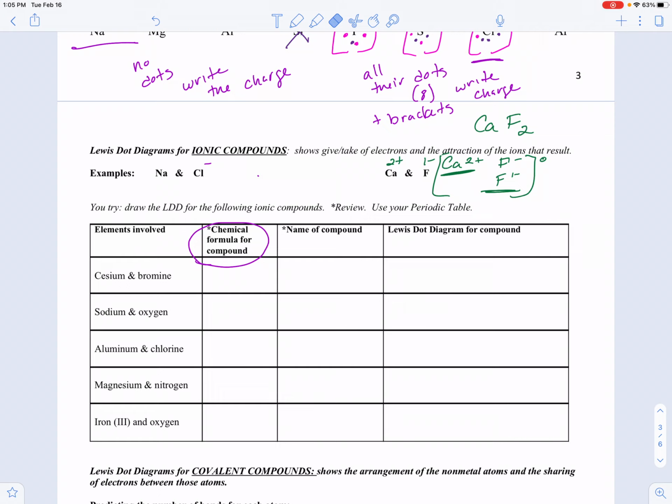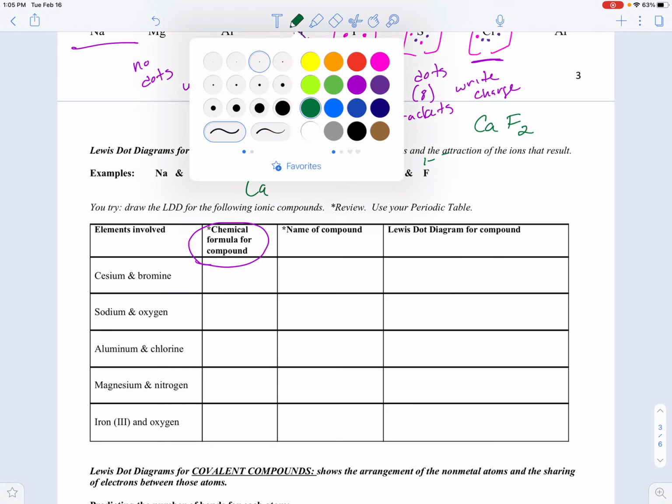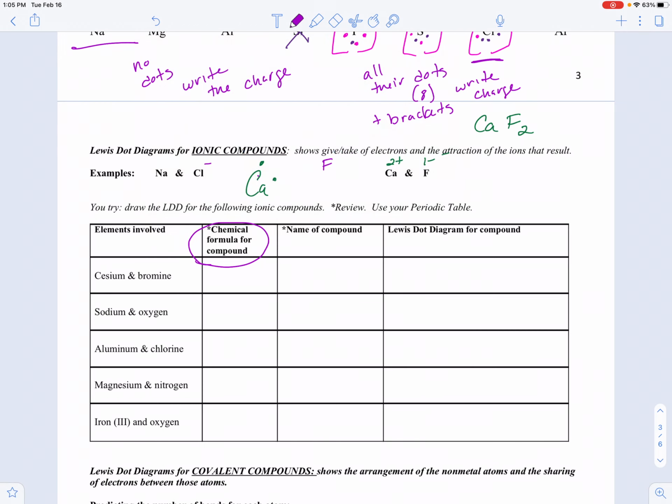Another way to look at this, if you want, is to think about the fact that calcium had 2 valence electrons. And then remember, our fluorides each have 7. So here are my fluorides.